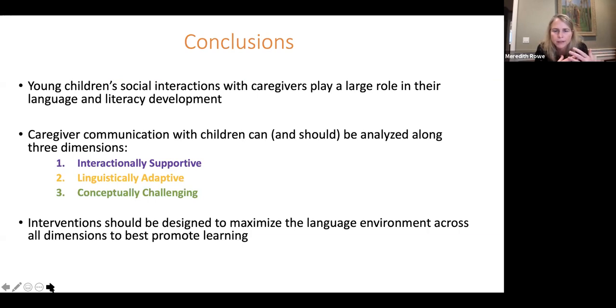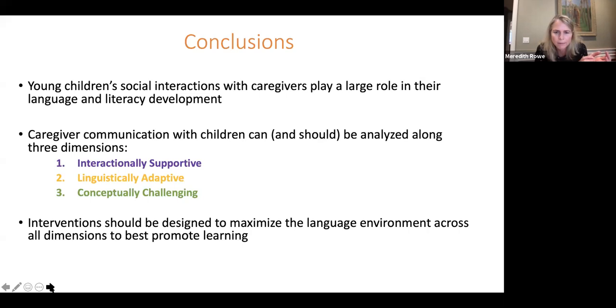I'm guilty of this myself as well. You pick one thing you want to look at, it's WH questions, right? That's important. But what do we know about how fluid was that interaction? Were those questions conceptually challenging? We were discussing that a little bit earlier. So in terms of analysis, it would be helpful to look at all of these different dimensions.